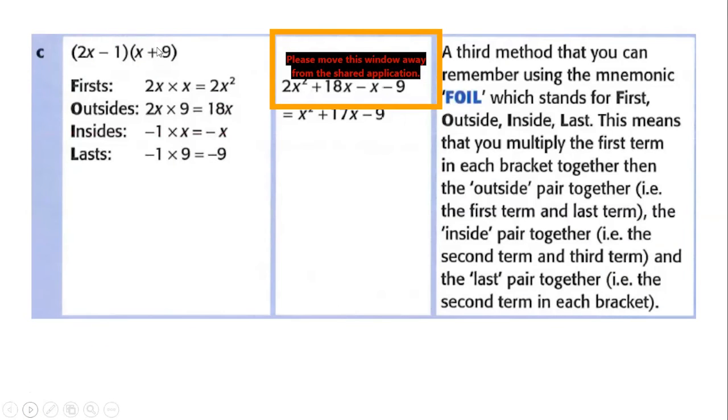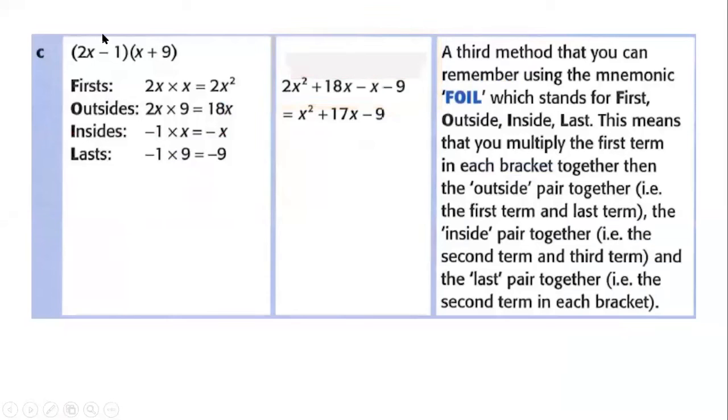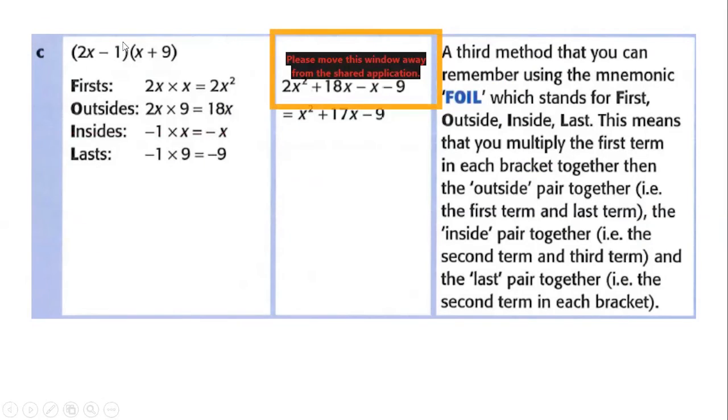For question C, it has used another way. I remember that you have told me something like this that you have learned last year. What is it? When you multiply 2x with x, as they are both of them first terms of the two brackets, they are called firsts. Then outsides means the first and the last. Then insides means the ones which are near to each other, minus 1 and x. And lasts mean the last of the first bracket, minus 1, times the last of the second bracket, 9.